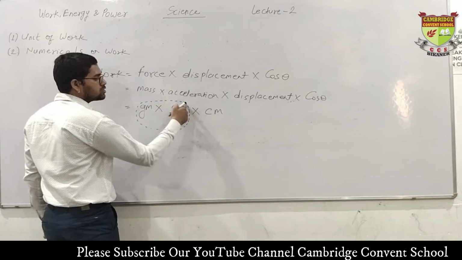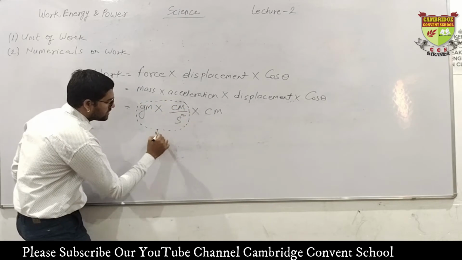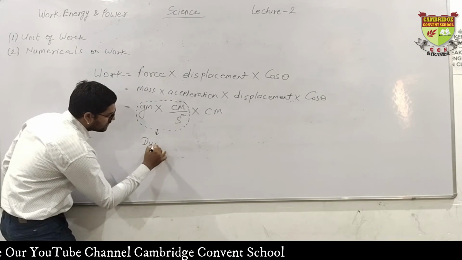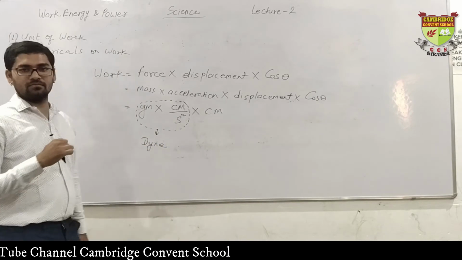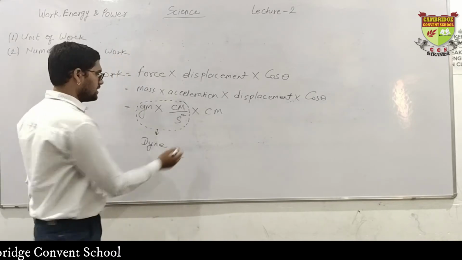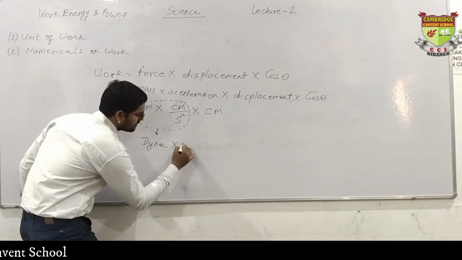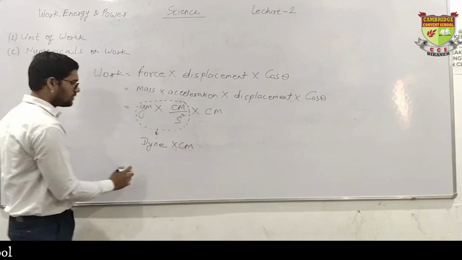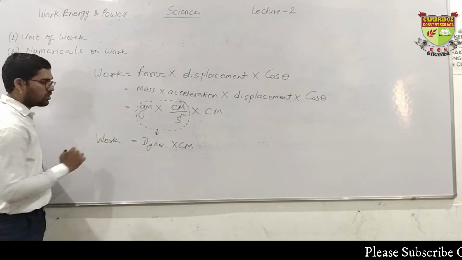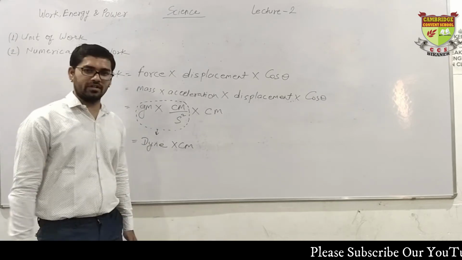Combinedly, gram into centimeter per second square is known as dyne, D-Y-N-E. Clear? It is a unit, dyne.